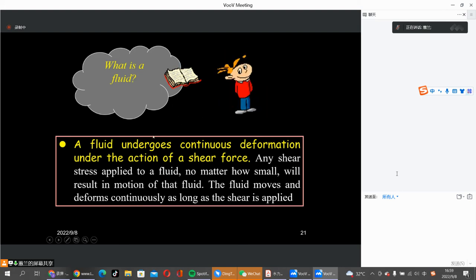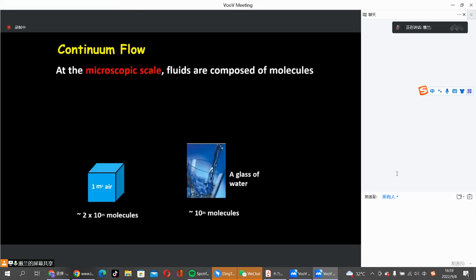Or we can say the really dominant difference between a fluid and a solid is whether it is easy to deform. No, it's not about easy to deform, we mean the continuous deformation. That's the difference between fluid and solid.